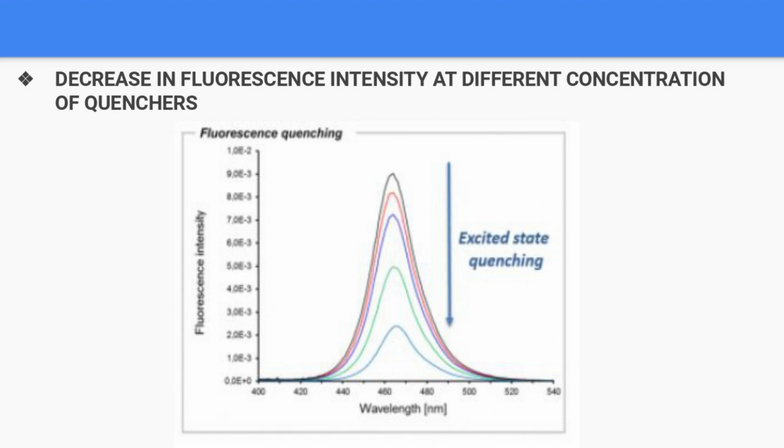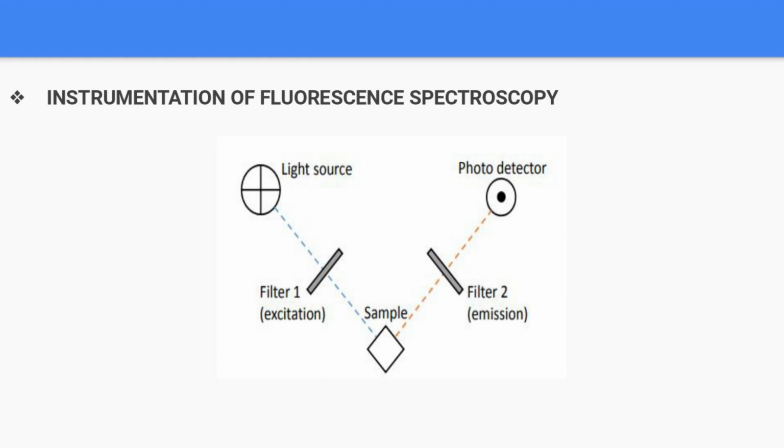You can observe that the heights of the bell-shaped curves are different. When the quencher concentration is high, the intensity of the fluorescence is low, so the height of that curve is very small, and vice versa.